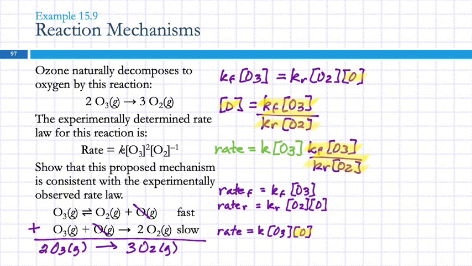So now what we're going to do is collect all of the constants into one constant. So this is going to equal a constant, I'm just going to call it K prime, times O3 divided by O2.